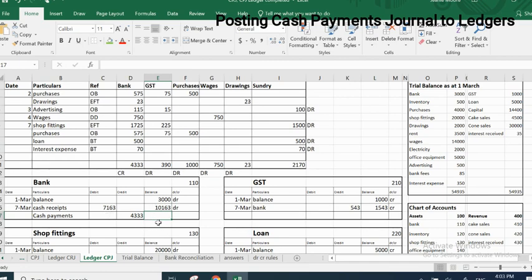So 10163 minus 4333, and that's going to give me 58. It's still a debit balance because my 10,163 debits is more than my 4,333 credits. So the debit wins out overall. So it's still going to be a debit balance.